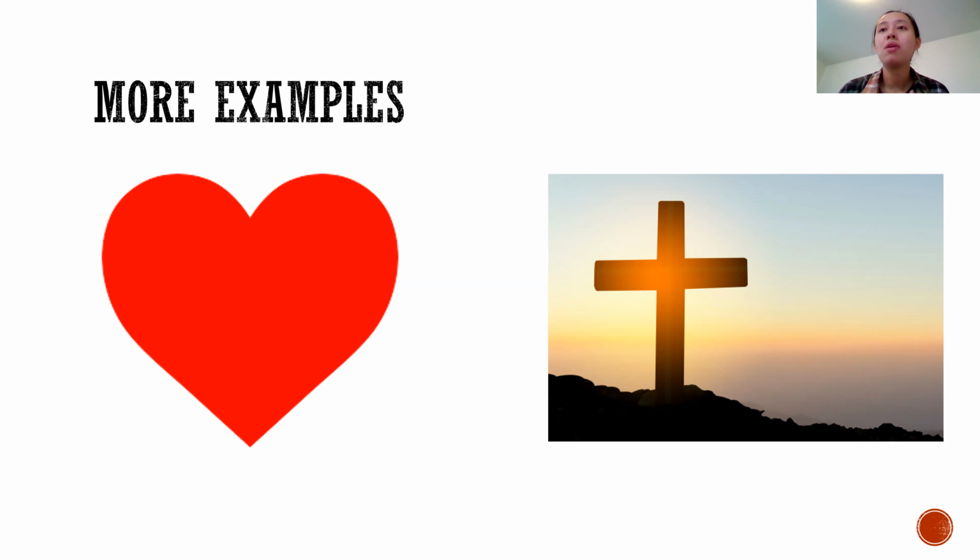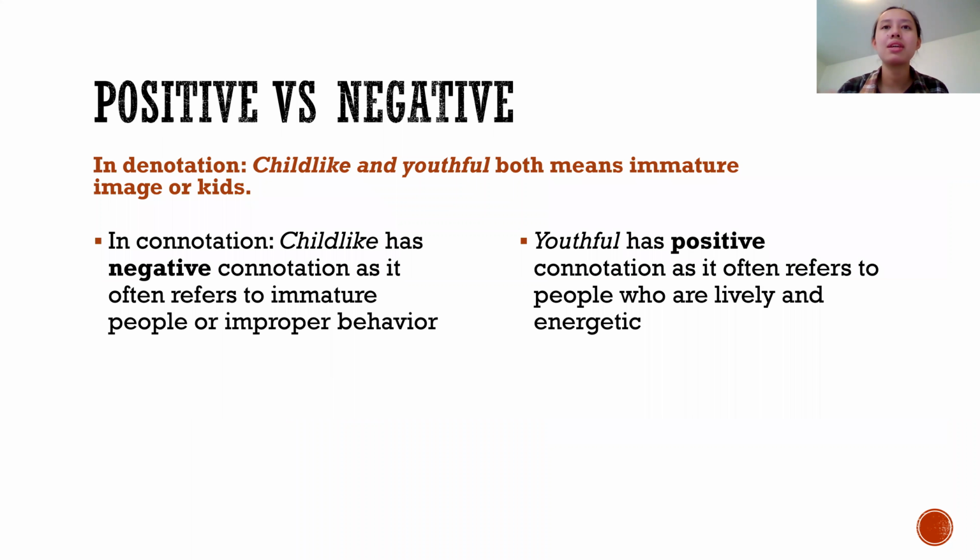Now, as we mentioned earlier, connotations can be positive or negative. How does it work, or how does it feel if it's positive or negative? Let's look at some examples here. For example, the words childlike and youthful both mean something like the image of kids or teenagers. But childlike has a negative connotation.